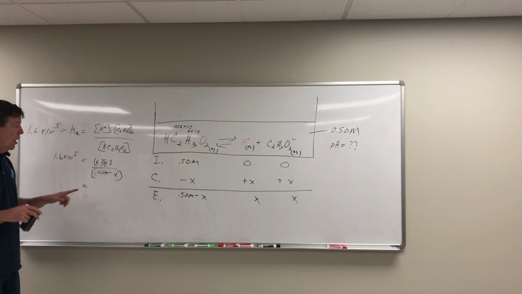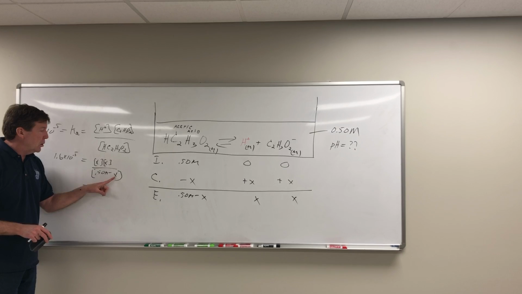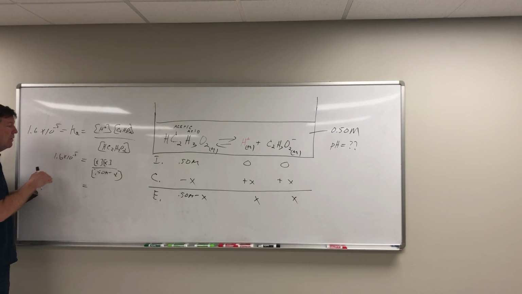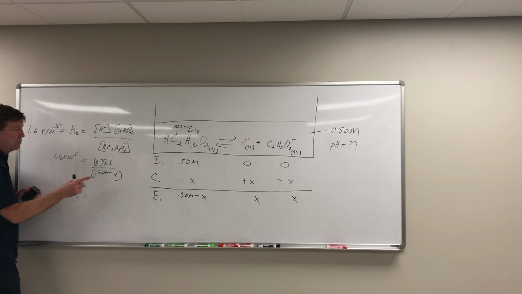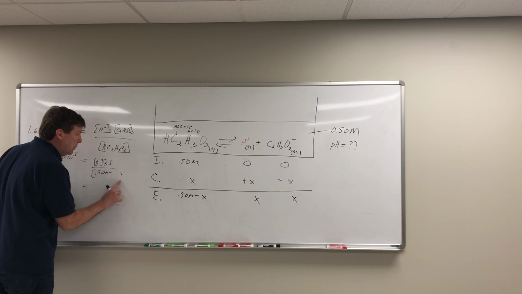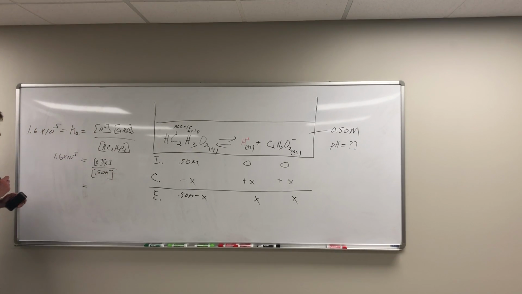But before we go on, let's assume that x is negligible compared to 0.50, because we've got a small Ka value here and we have a large concentration here at 0.50. So let's just assume that this is negligible, make the math much easier, and then let's solve for x.